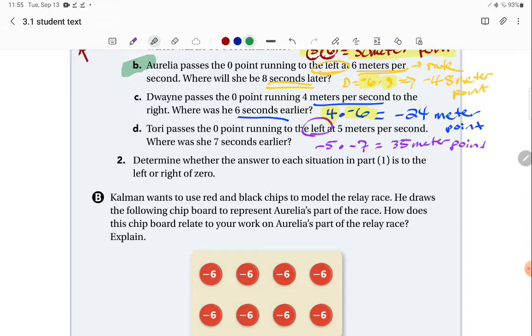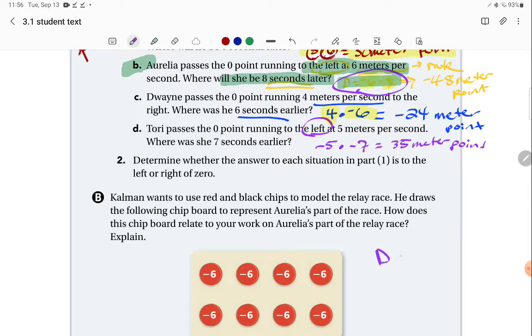Explain. Now, if you look at her problem, it says that she is passing 0 point to the left at 6 meters per second. Where will she be 8 seconds later? And because she's going to the left, that is a negative direction. And since it's going to be in the future, it's positive. So you're adding -6 to itself 8 different times. So just like this right here, I'll rewrite it down here.